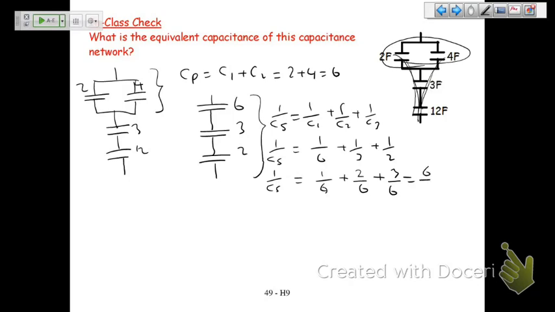You've got to flip it. Bad example. It's equal to 6 over 6, which equals 1 farad.